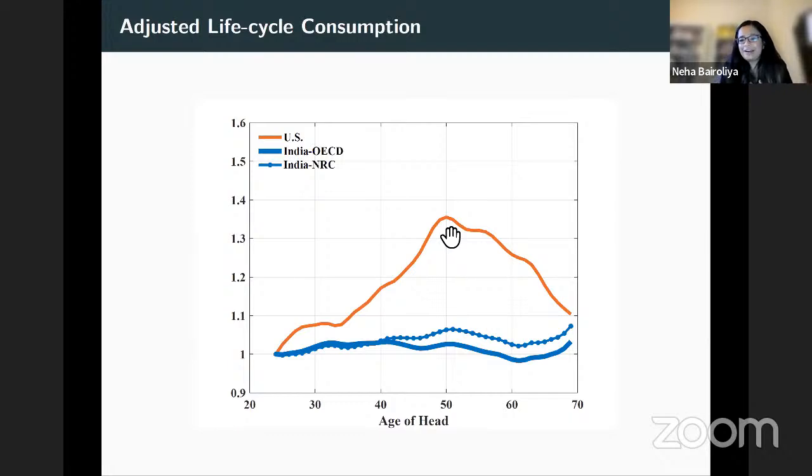What do we see for Indian households? Well, no matter what adjustment you do, it looks like a flat consumption profile. Of course, with the NRC scale, there's a little bit more growth. But for all practical purposes, this is nothing compared to the residual growth that we observe for US households.